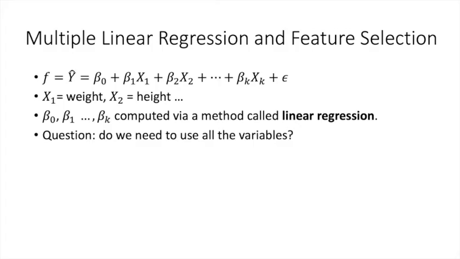It turns out that often we do not need to use all the variables, but regression does not have the ability to select variables or select features on its own. But if we can use some technique to select a smaller subset of great features or great variables, then we can build a simpler model that uses fewer variables.